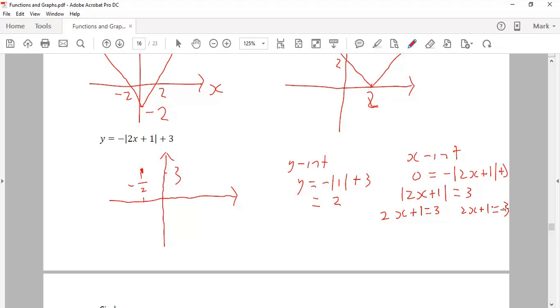So there should be -3 on that side. We just solve this quickly. If I bring the 1 over, we get 2, so 2x equals 2, so x equals 1. If we do the other side, we get 2x equals -4, so that means x would be -2. So we know it cuts at 2, 1, and -2 down here.